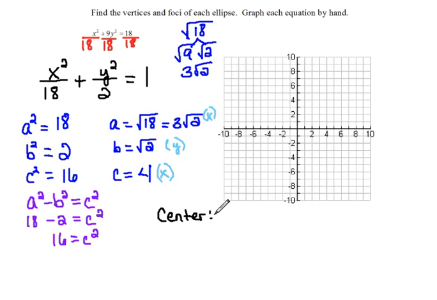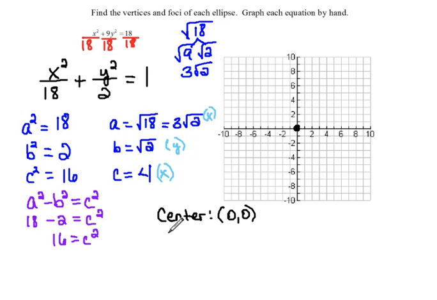So our center here is the h and k values. And if you'll remember, h is what's being subtracted from the x, and k is what's being subtracted from the y. So, since nothing is being subtracted from either of those, then we could say the center is at the point 0, 0. So I'm going to go ahead and plot that.